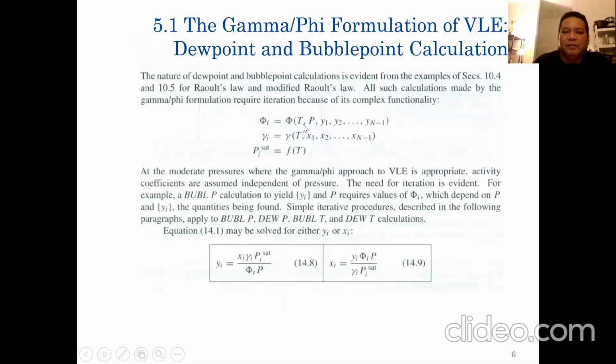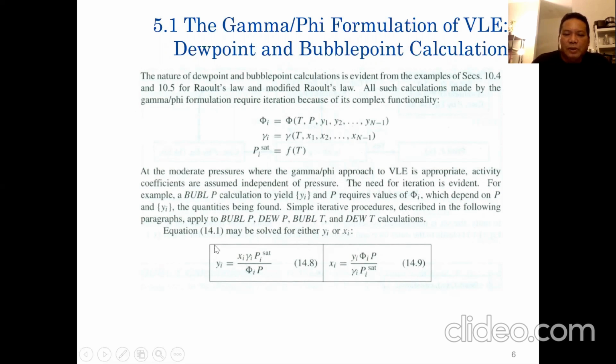Phi is a function of T, P, y1 until yn. The activity coefficient is a function of this, and Pi saturated is a function of temperature. From these, we can use the bubble P calculation, as in the previous lecture, and they also show you how to calculate that and how to program it in the appendix.